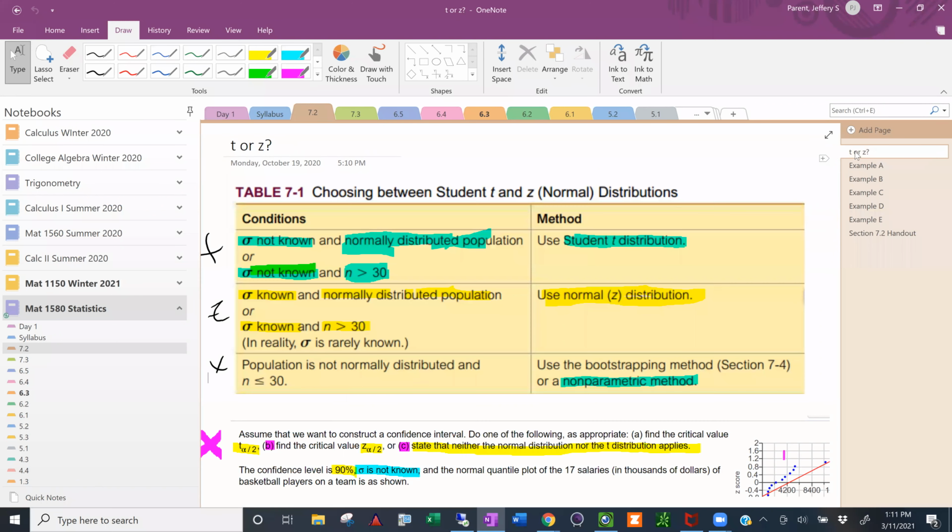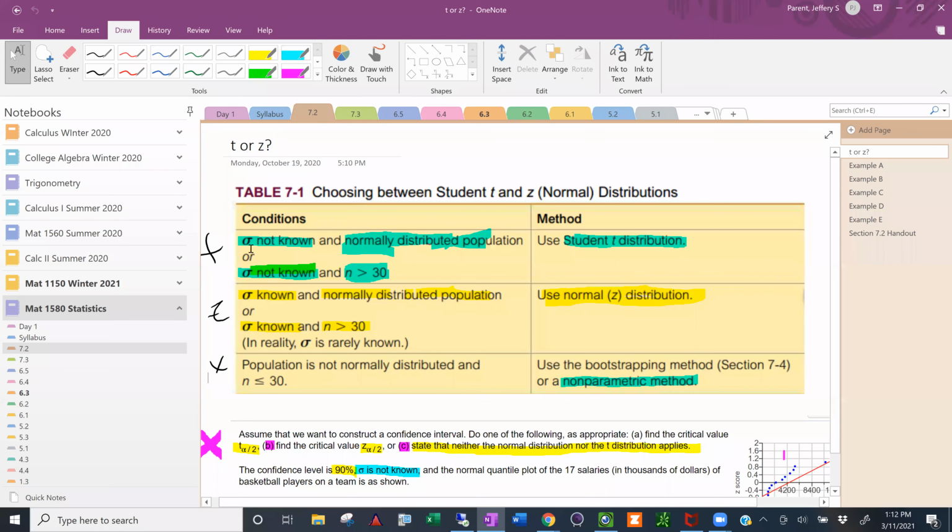And so let's look at this bit about T or Z. When you create a confidence interval for a population mean, you've got really three choices. One of them results in a T value, one results in a Z value, and if neither of those is appropriate, then you're going to have to use some non-parametric methods discussed at the end of this book. There's also some bootstrapping methods, but that's not part of this course.